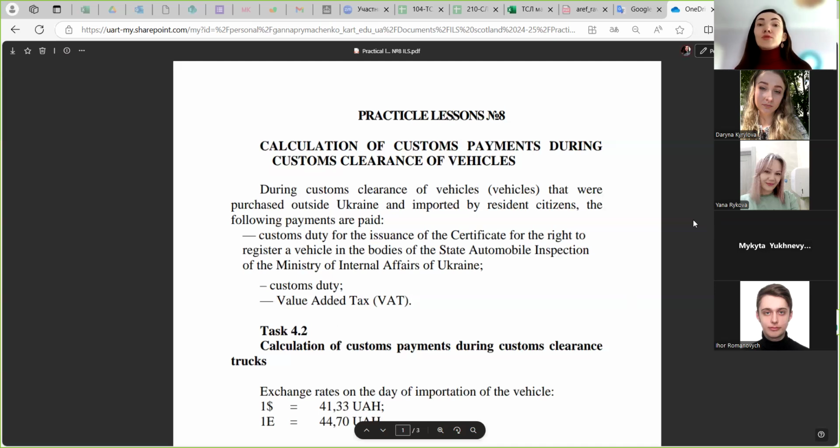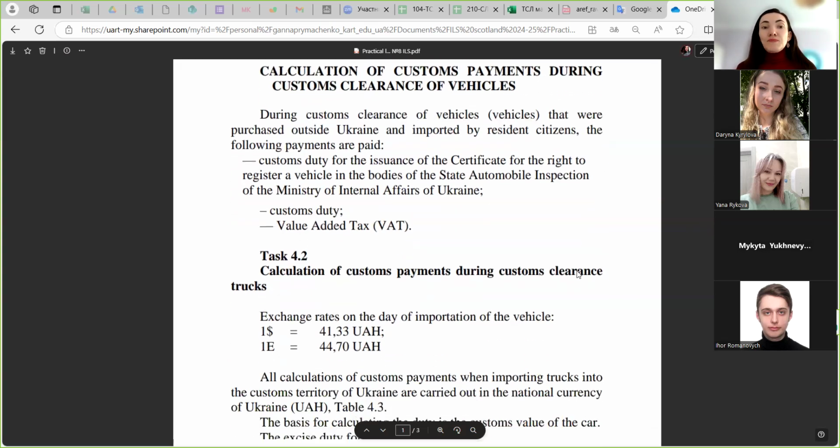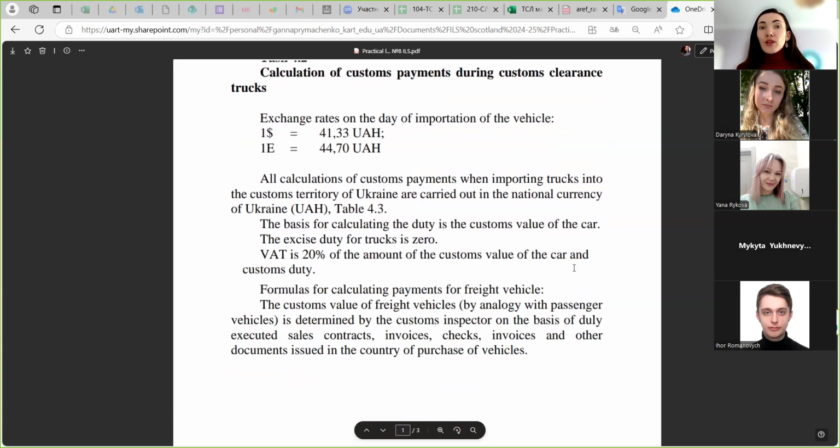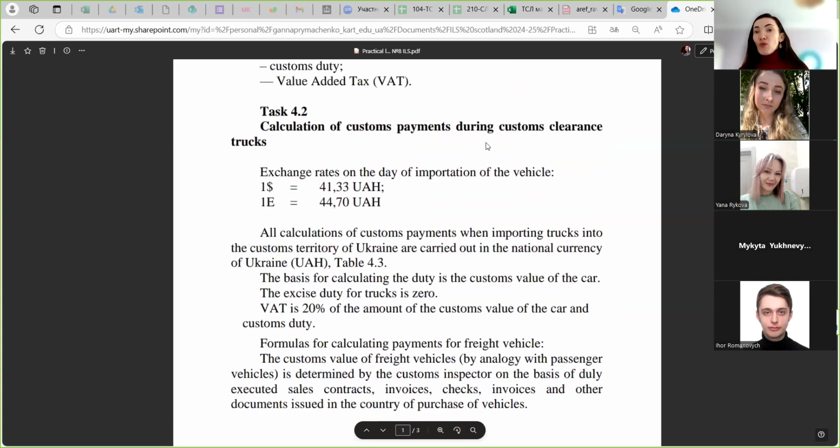So such are the types of customs payment. Today we calculate customs payment for heavy trucks and use the exchange rates. Today the dollar is 41.33 hryvnias, and the euro is 44.70 hryvnias.